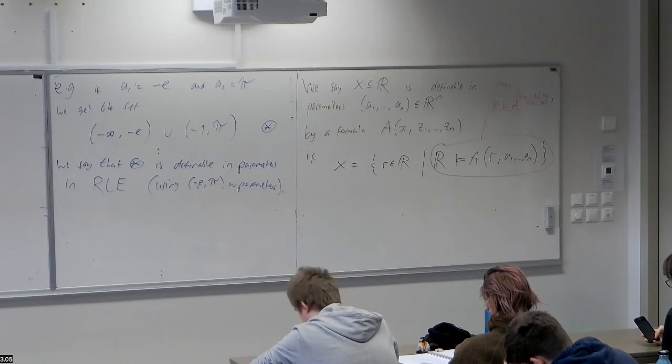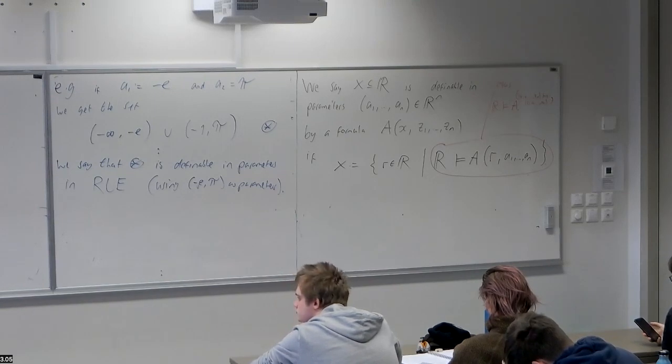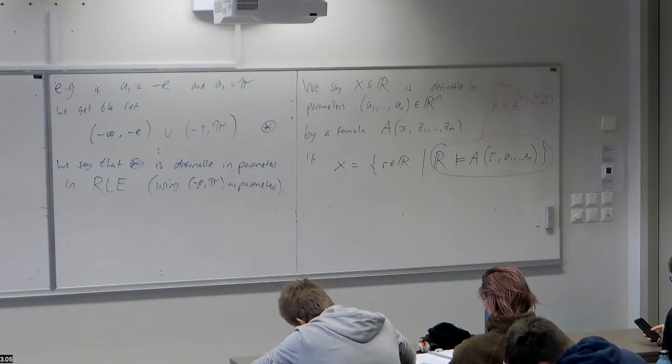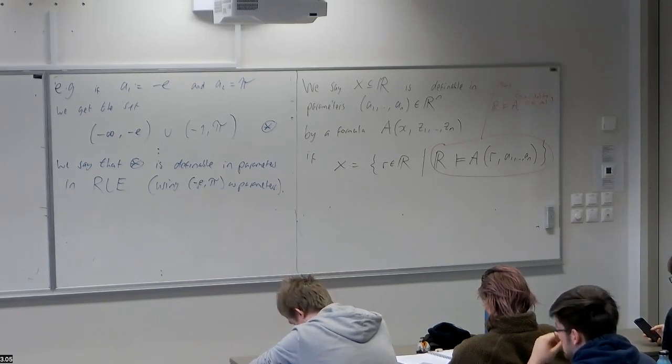And the other direction is we apply quantifier elimination to A, and then rewrite the quantifier free formula, the Q.F. formula, in disjunctive normal form. The reason for that, once again, I'm going to leave it as an exercise to fill in the details.